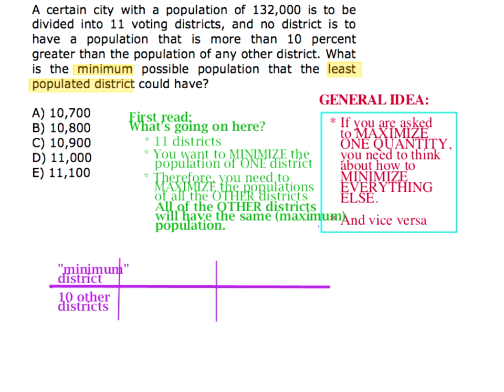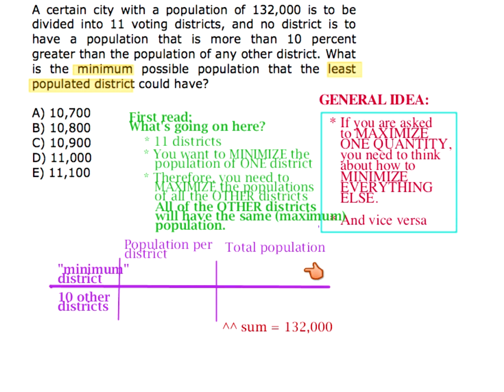So population per district, and then total population. The sum of these total populations is going to be 132,000. And also these two are going to be the same, because this is only one district. So whatever is in those two boxes will be the same.